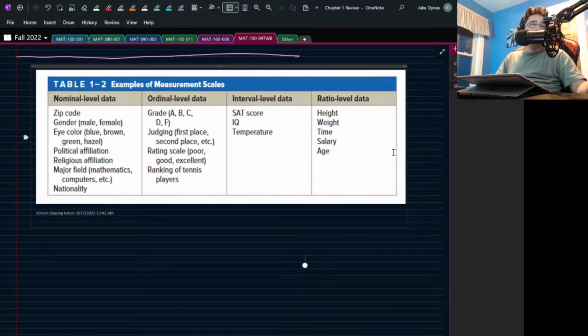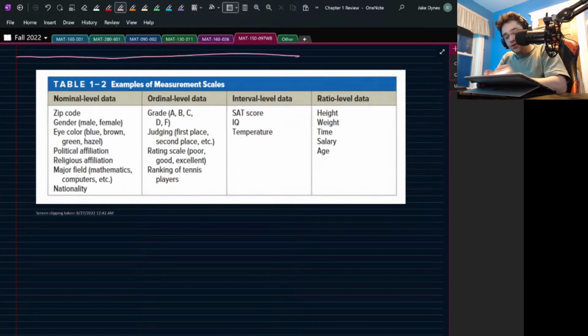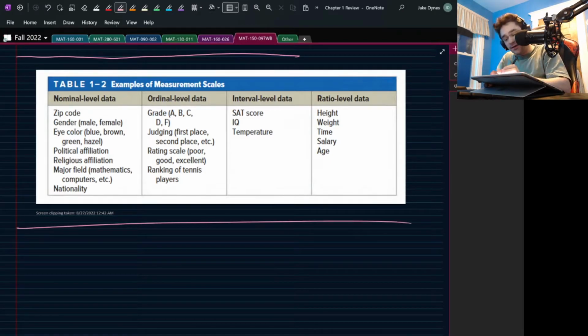And that should include section 1.2. Let's go to section 1.3, which is on data collection and sampling techniques.